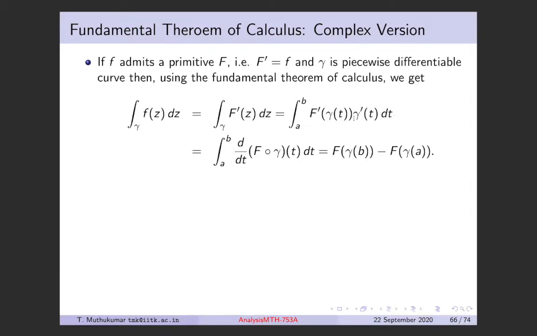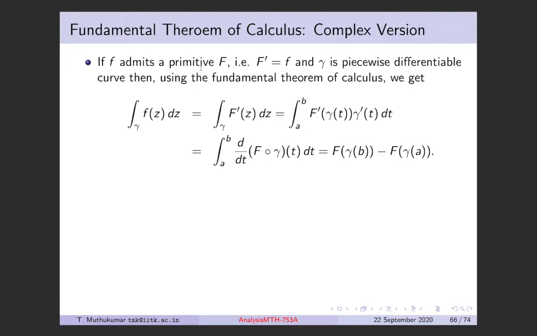This is nothing but the derivative of F composed with gamma. So this is the integral of a derivative, which means it is the value of F composed with gamma at b minus F composed with gamma at a. That's where we have used the fundamental theorem of calculus of the real case.